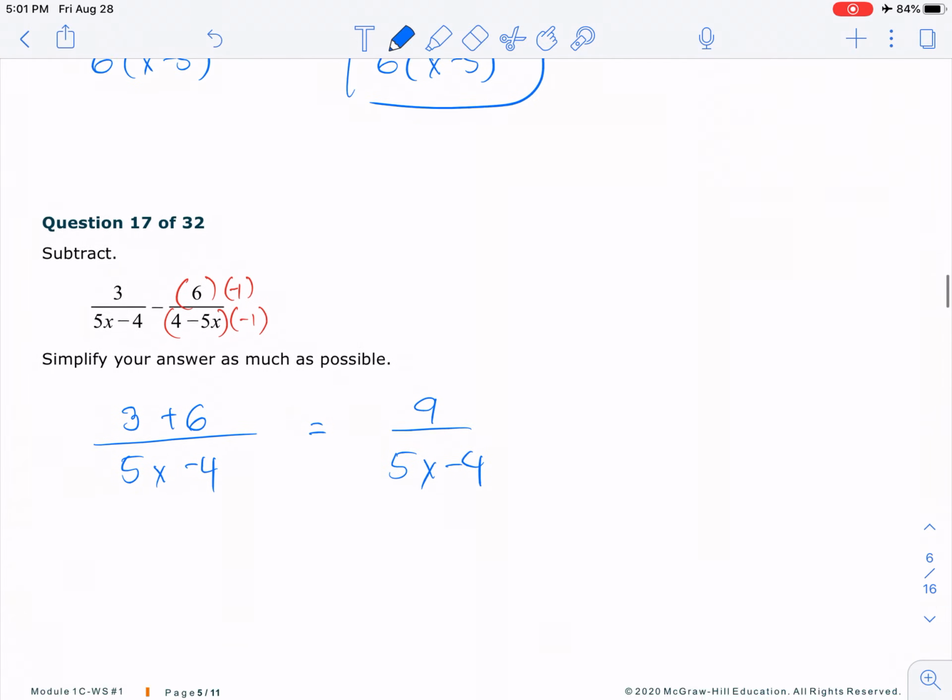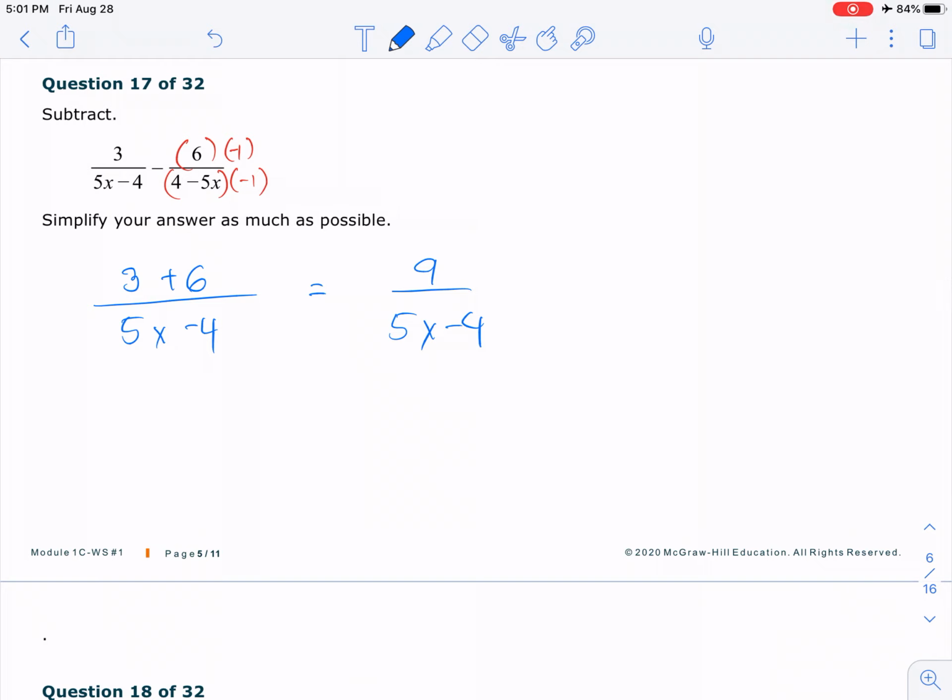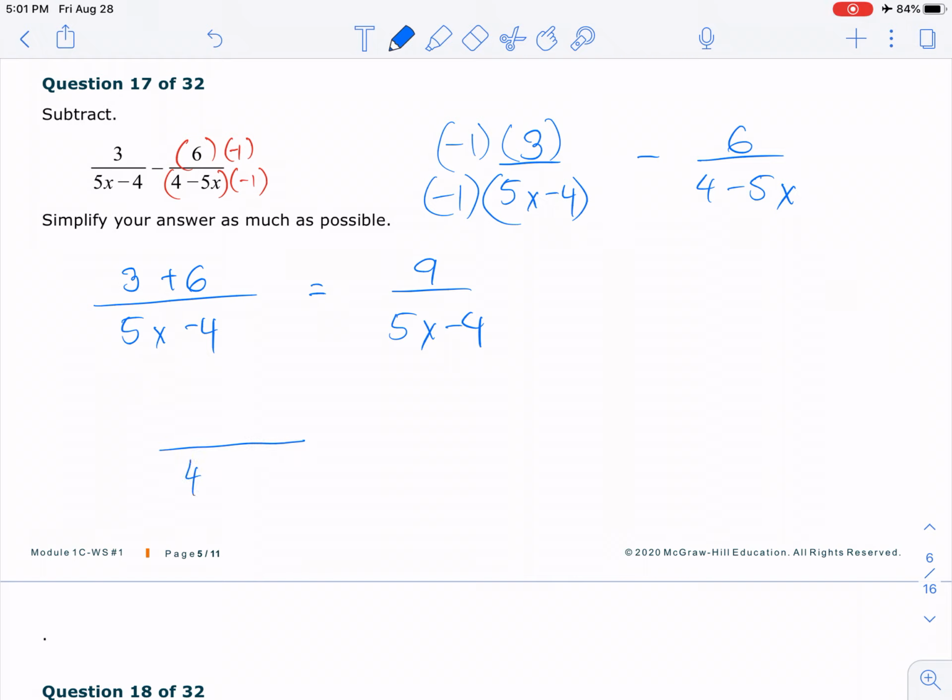I want to make sure that you are well aware that if, from the very beginning, instead of picking the second one to multiply, I pick the first one and multiply by -1, then the bottom is 4 minus 5x, which is this one.